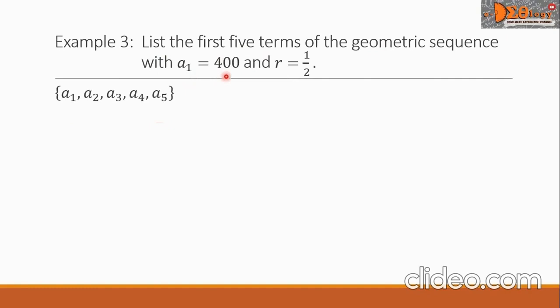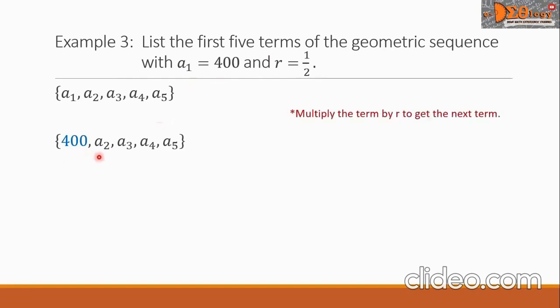Since 400 is given as the first term, we may substitute now this value in here. Now let us find the next term, a sub 2. Again, we will multiply this 400 to the common ratio, 1/2. So that is 400 times 1/2. That is equal to 200. We can now substitute this 200 for a sub 2.